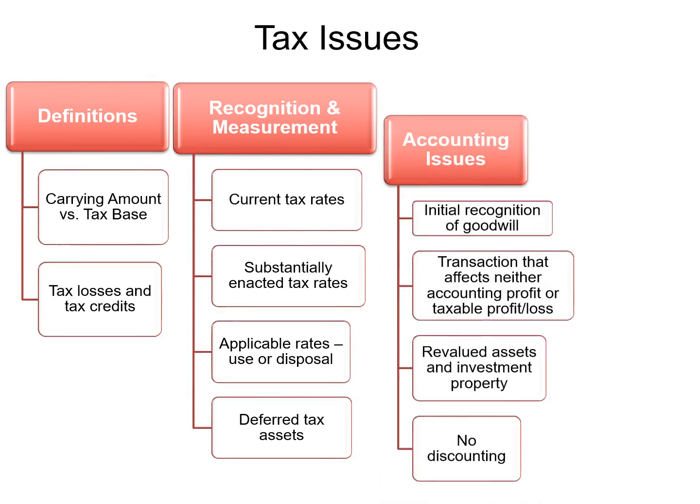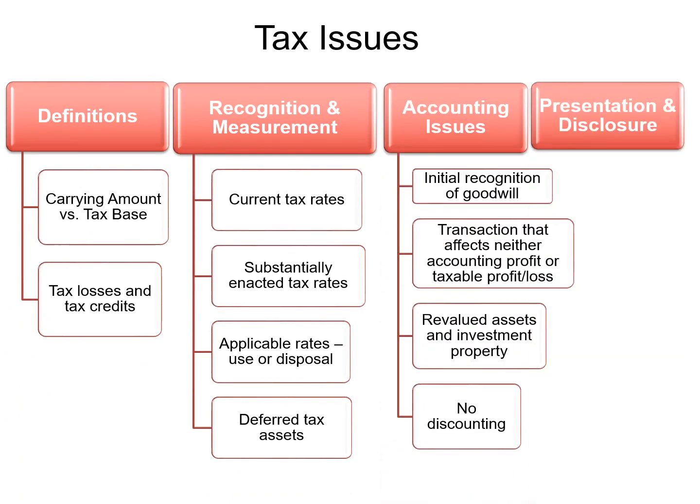When one looks at the issues that would need to be borne in mind when it comes to determining our tax positions, we've spoken about the carrying amount of the asset. That's what we compute for accounting purposes. We've spoken about the tax basis. Sometimes you've got tax losses or tax credits that arise that need to be taken into consideration. Those will sit on the taxman side of the balance sheet. They won't sit on the accounting side of the balance sheet.